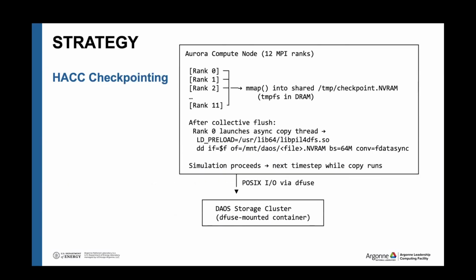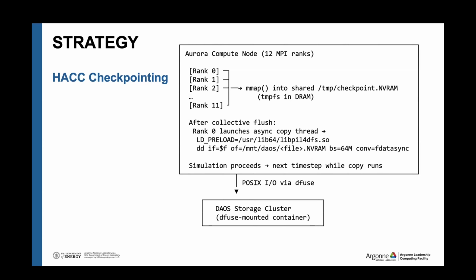So the strategy that we're using, in the big picture, is that the collection of ranks that are local to a node, right? Like I said, we run with 1 rank per device, so 12 MPI ranks on Aurora, 1 per PVC stack. Each of the MPI ranks local to the compute node uses mmap to collectively write to one file in tmpfs.